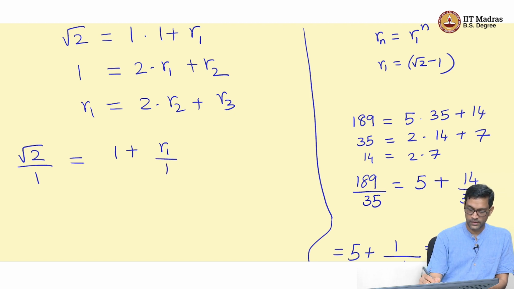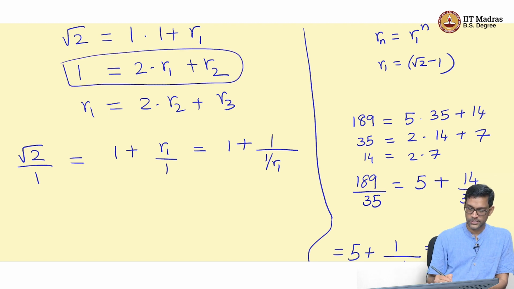The next step is to take a reciprocal, it is 1 plus reciprocal of 1 by R1. Now 1 by R1 is what I get from the second step, so that is 1 plus 1 by, when I divide 1 by R1 I get 2 plus R2 by R1.